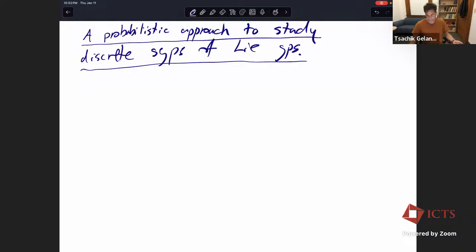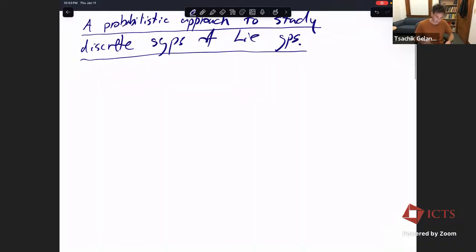And what I will try to convey in this talk is, I will present some results. Some are older, and actually one is very new. At the end, it's a new result, and that uses this probabilistic approach.